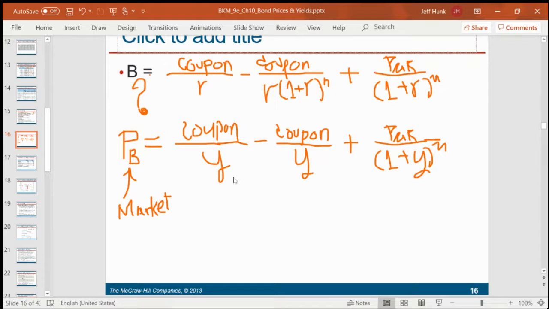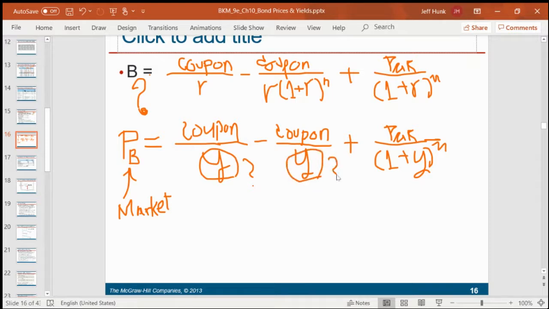So in this case, the unknown is what? The yield is the unknown. Y is the unknown. And what does that mean? Think about it. Under what conditions will the right-hand side be equal to the left side? There's only one value, right?